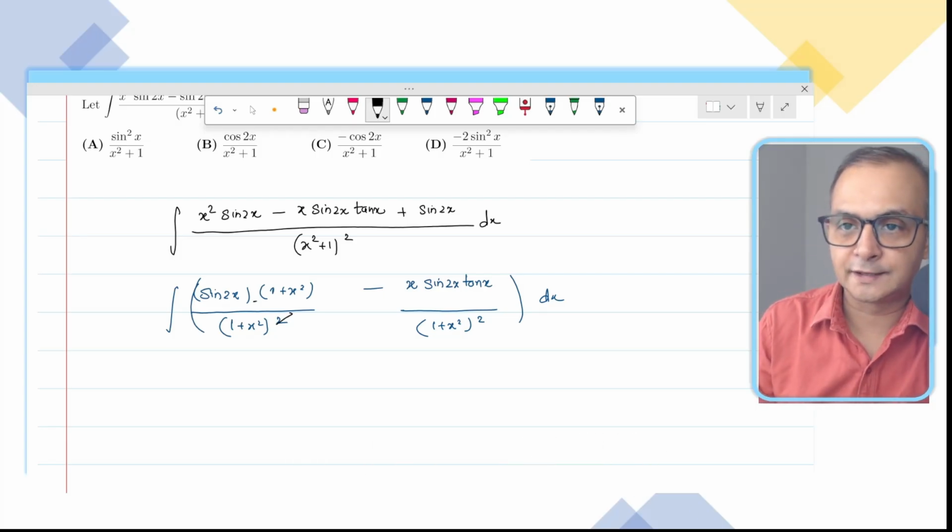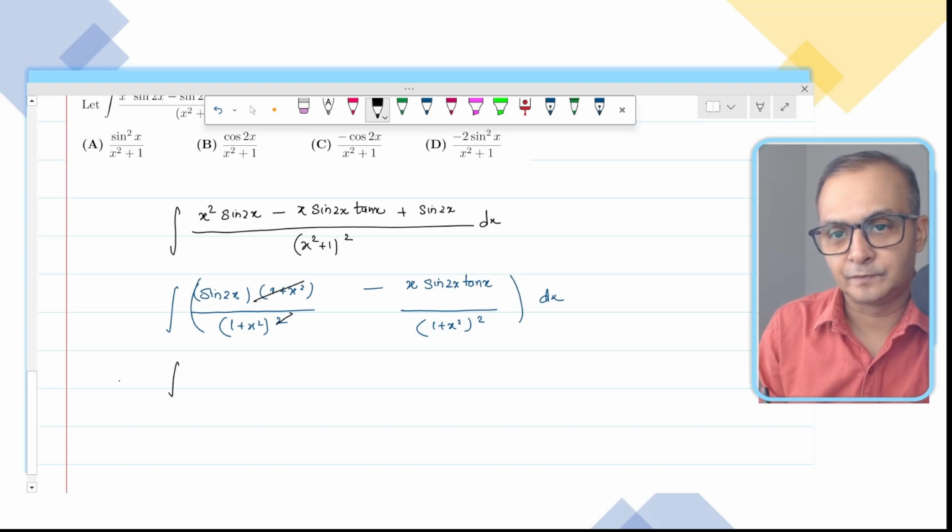So if I cancel this thing, I will get the first integrand as sine 2x by 1 plus x squared.